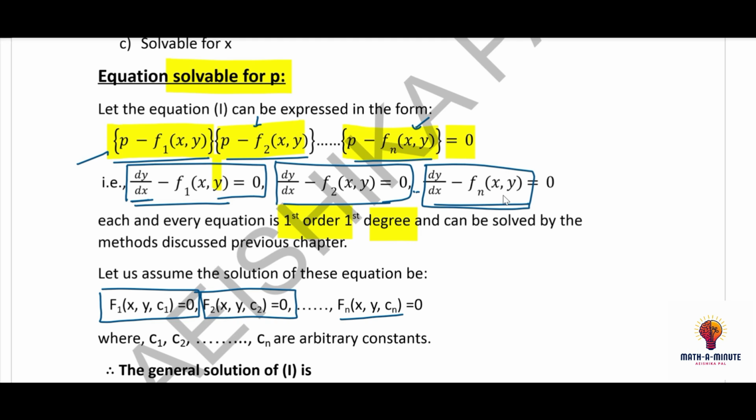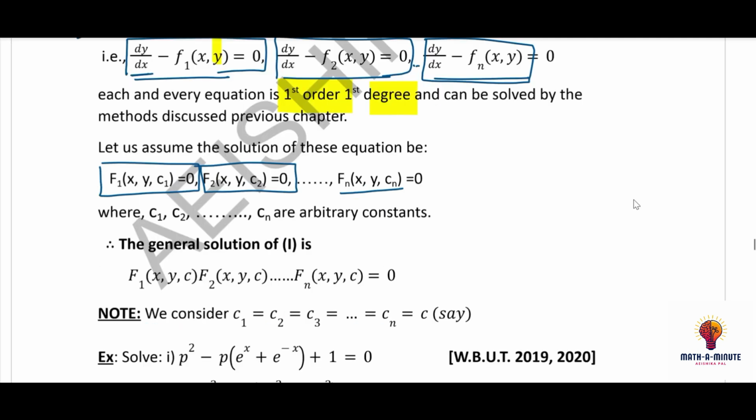The general solution will be the product of these solutions: F1, F2 up to Fn. We have to multiply the general solutions of each and every first order first degree differential equation.